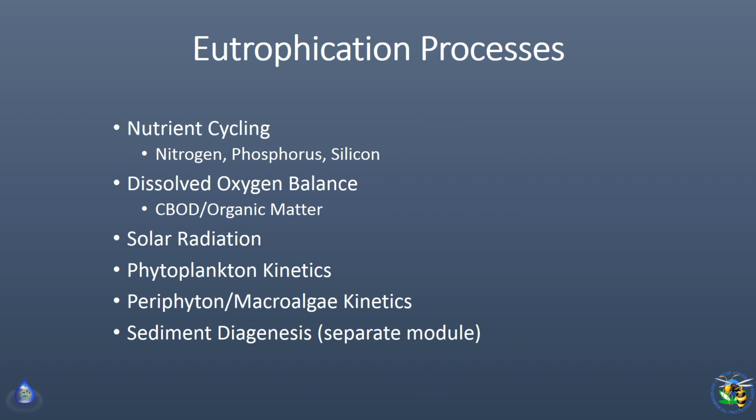So the major processes are the nutrient cycling for nitrogen, phosphorus, and silicon. Dissolved oxygen balance, taking into account BOD and organic material. And you can actually simulate sediment diagenesis. It simulates solar radiation, phytoplankton kinetics, periphyton and macroalgae kinetics, and then sediment diagenesis.